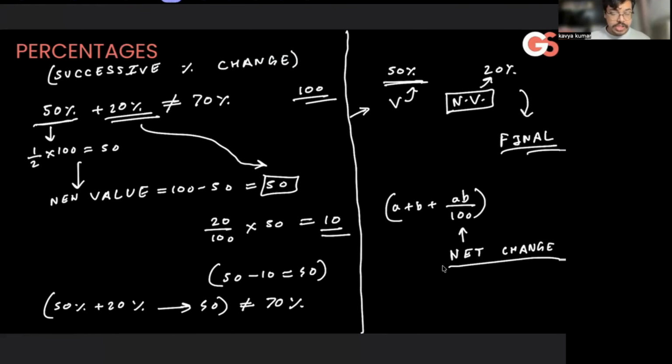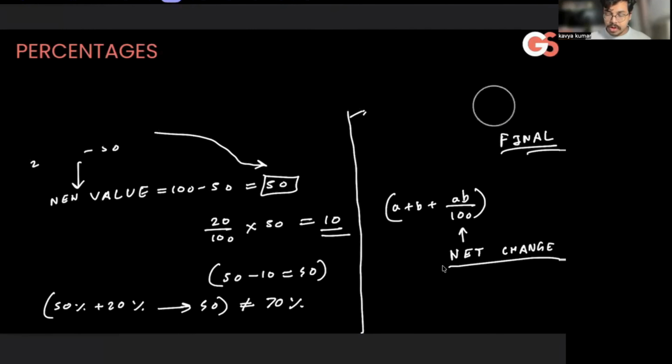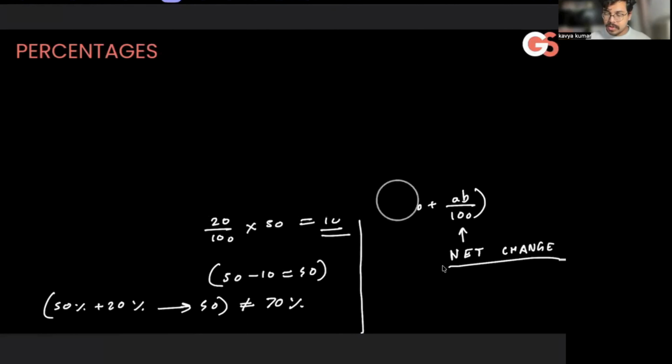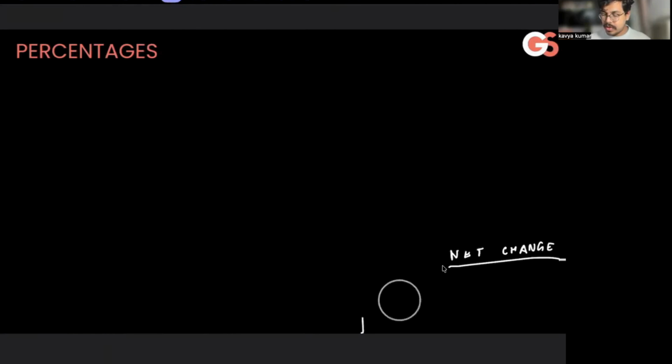There's one more topic which is reverse percentages. I'll just clear this board and I'll explain you guys here itself. So in some of the problems, the final value is given and the original value must be found.